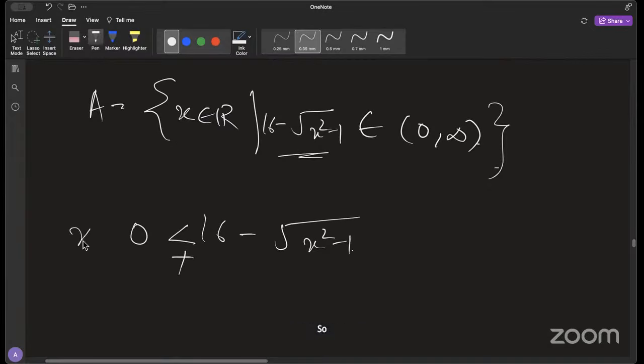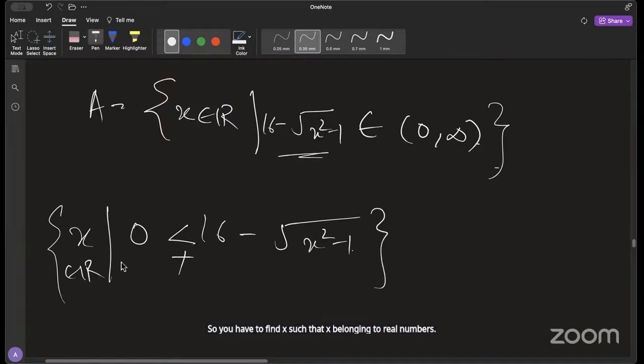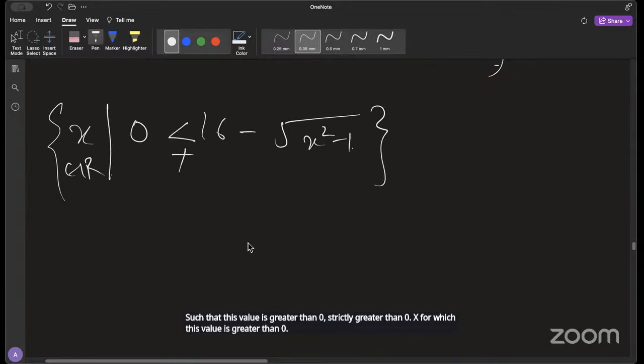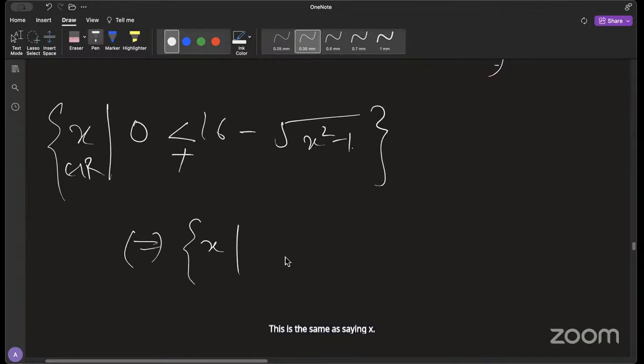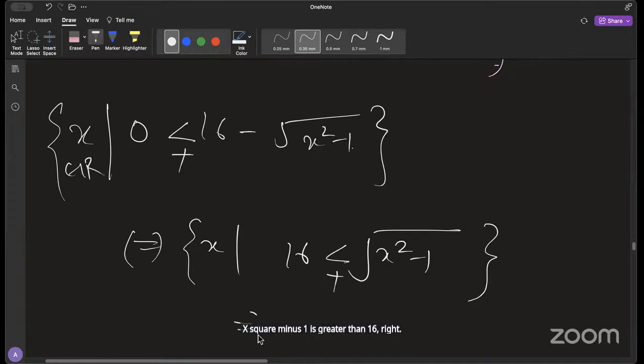So you have to find x belonging to real numbers such that this value is strictly greater than 0. This is the same as saying x such that square root of x square minus 1 is greater than 16.